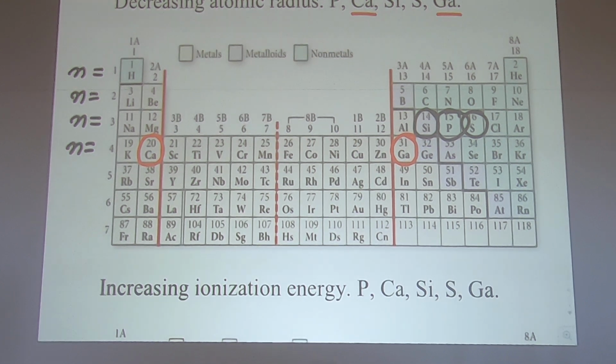The rest will have principal quantum number 3, which is the smaller side. Probably many textbooks have this kind of diagram: if you move from left to right, the size of the atom is going to shrink.